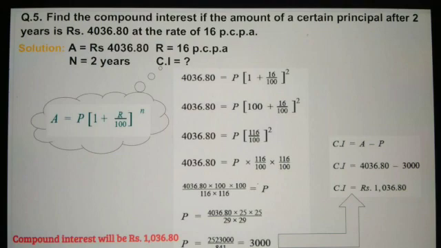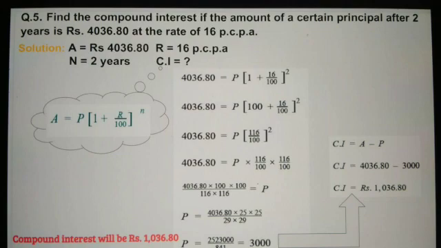So therefore 4,036.80 into 100/116 into 100/116 is equal to P. So after cancellation you will get 4,036.80 into 25 into 25 upon 29 into 29, which is equal to P. Again after multiplying, your P is equal to 2523,000 upon 841.